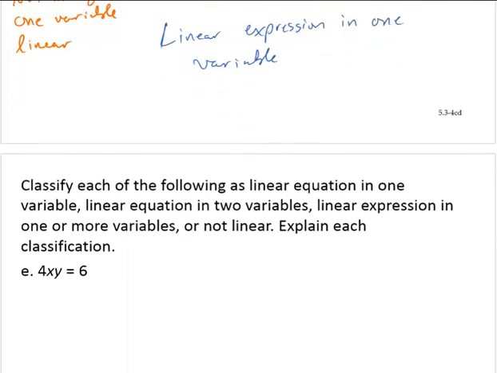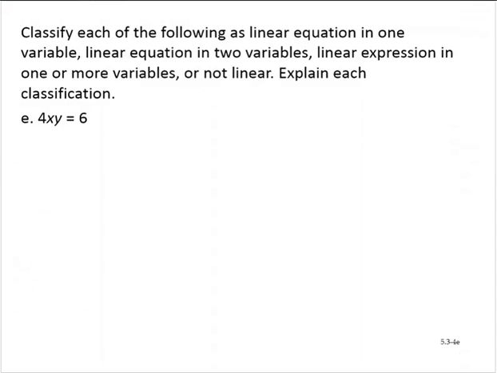Let's look at one more example. E, we have 4xy equals 6. Well, we see the equal sign, so this is an equation. We see two variables, x and y. Now they're both raised to the first power, so we might think that that's linear.